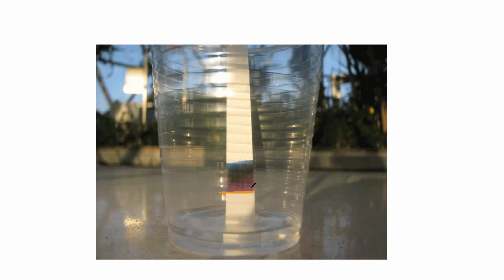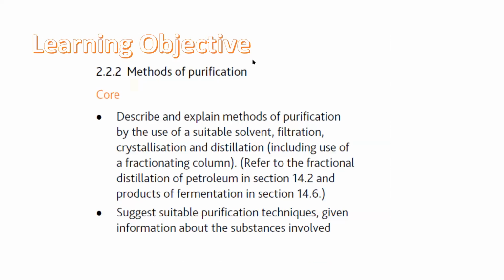But we are checking for the ink, so why would we use the pencil? We put a drop of the sample of ink. So why do we use a pencil to draw the origin?